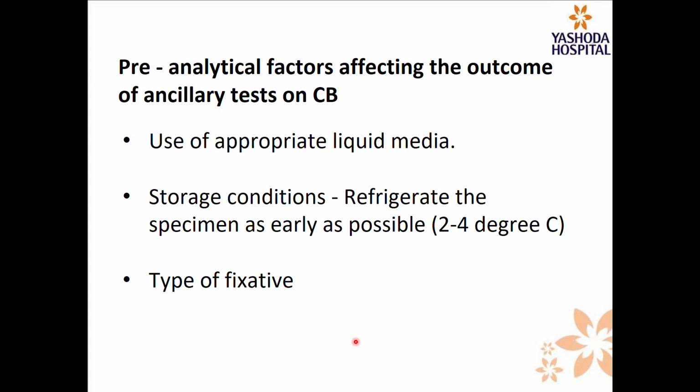You have to refrigerate that sample as early as possible at 2 to 4 degrees Celsius. And in the next 4 to 5 days also, the integrity of the sample will not be compromised, if at all you don't have any alcohols or neutral buffered formalin available with you. And third is the type of fixative which you are using, which you've already discussed.